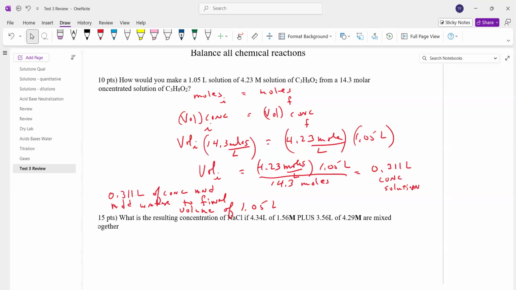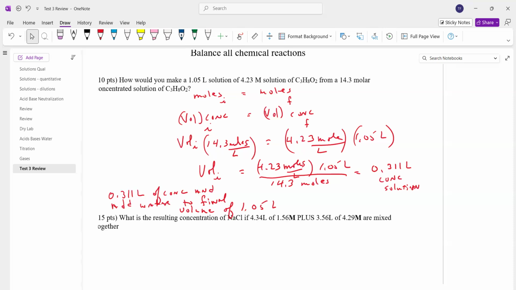Heat or evaporation, yeah. So to take something dilute and make it more concentrated, you have to take out water, not add it. If you add it, you're diluting it. But it still holds that initial moles equals final moles, regardless of whether you start with concentrated or start with dilute.